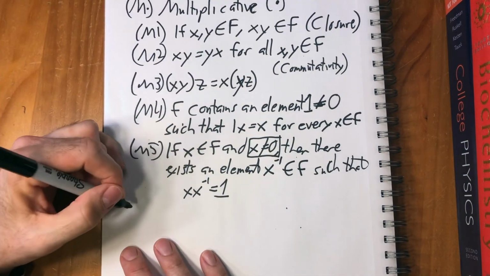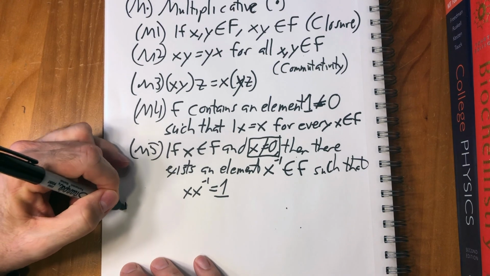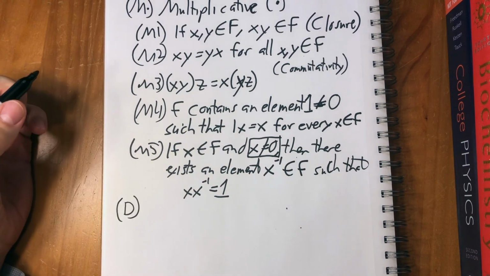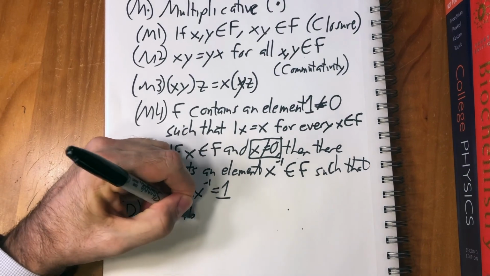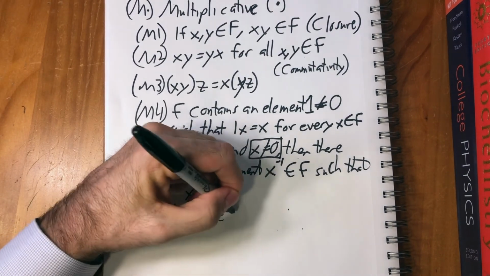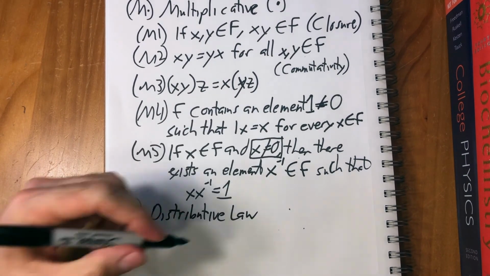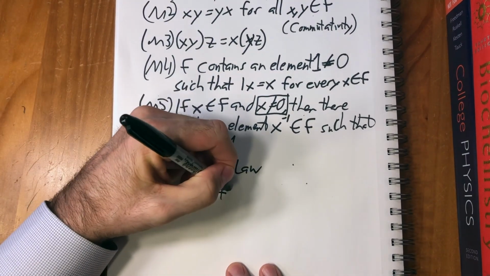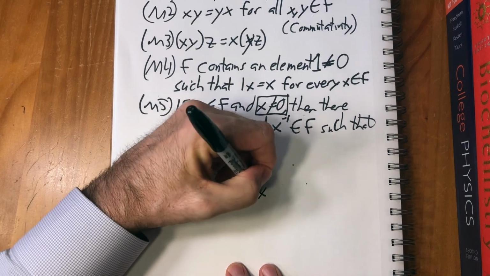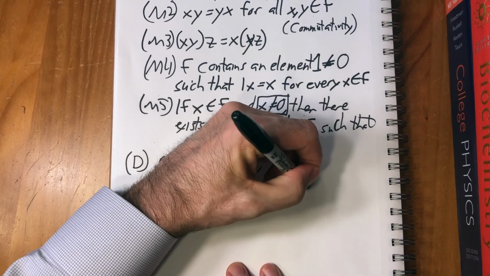Finally, there is a distribution rule, the distributive law, which is x times (y plus z) equals xy plus xz.